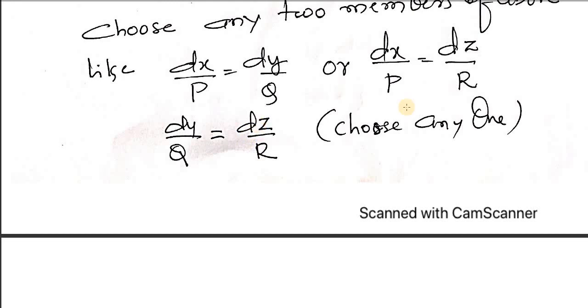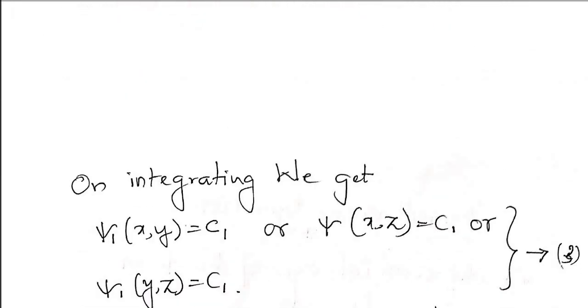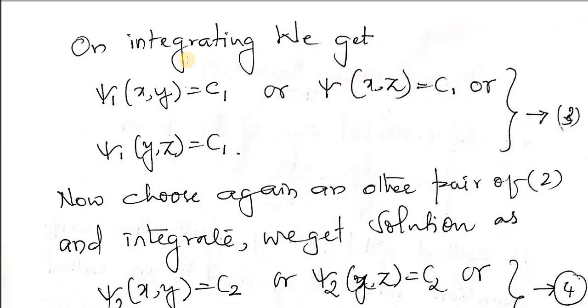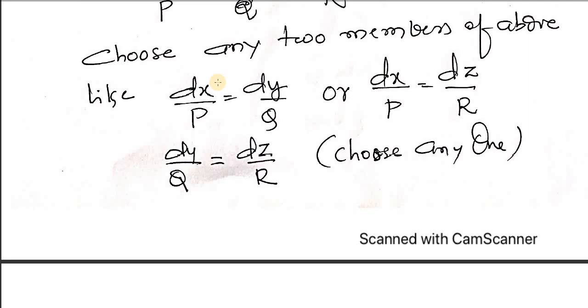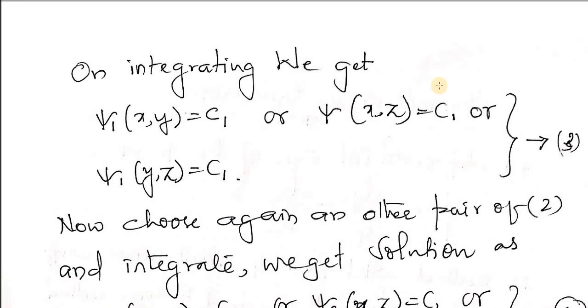Whichever pair I take, with respect to those variables I integrate, and I will get the solution on integrating. Suppose the first pair is chosen, this will be psi of x, y, because the first equation is a function of x and the second is a function of y. Therefore the solution should be a function of x and y, and one constant will be there.